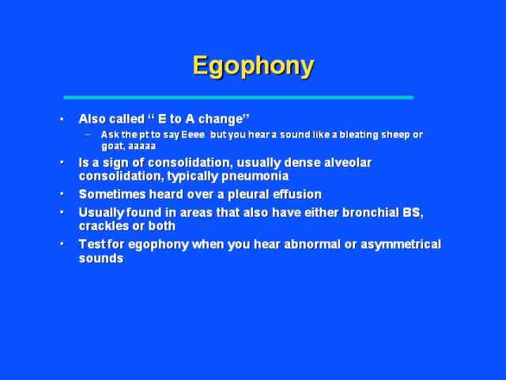Similar to some of the changes with bronchial breath sounds, you may hear this over an area near a pleural effusion. And again, you usually have multiple findings together, so you generally, but not always, don't hear just isolated egophony, but you would be picking up the idea that this is an abnormal area because you might hear bronchial breath sounds and crackles and other things that also are heard with areas of consolidation and pneumonia.